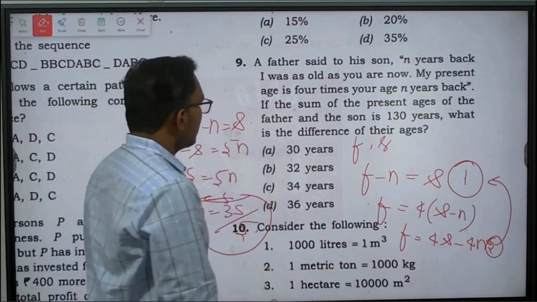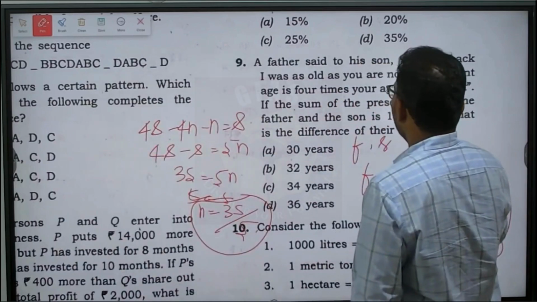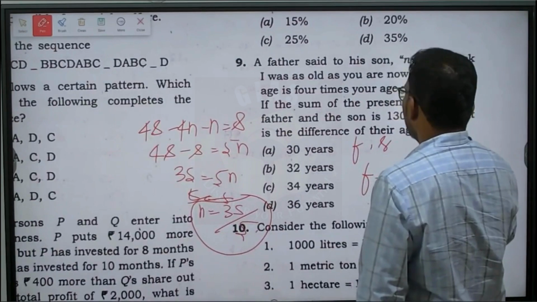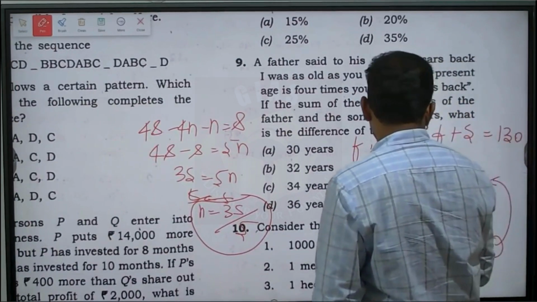And also what it has told, the present age of the father and the son, f plus s is 130.